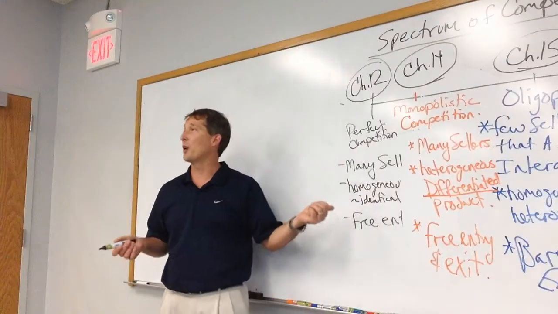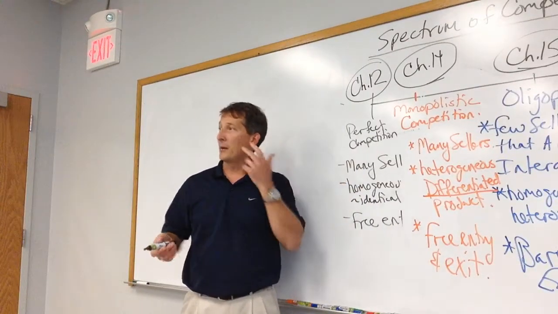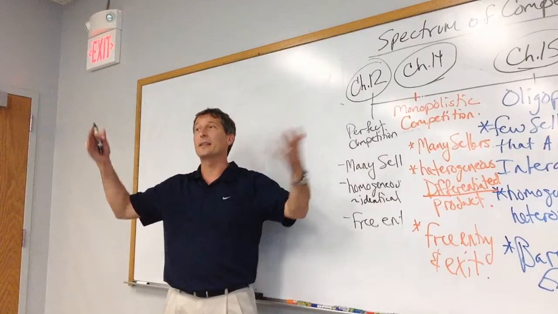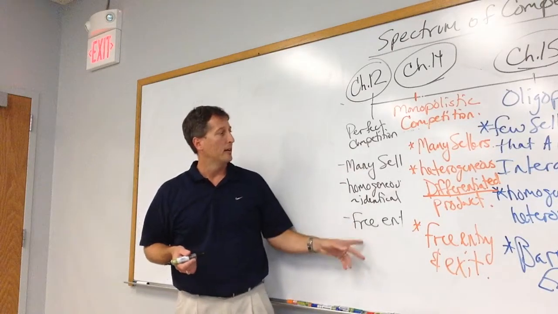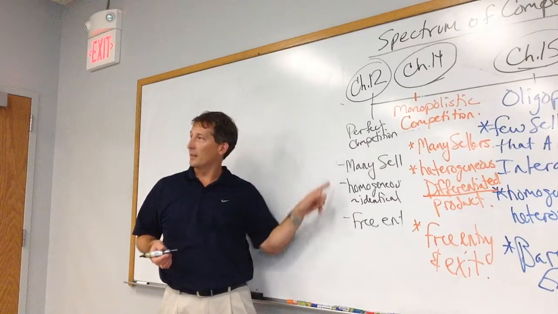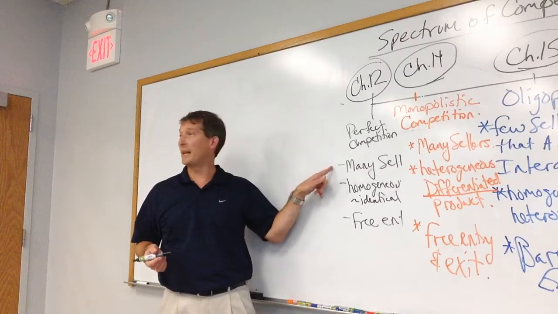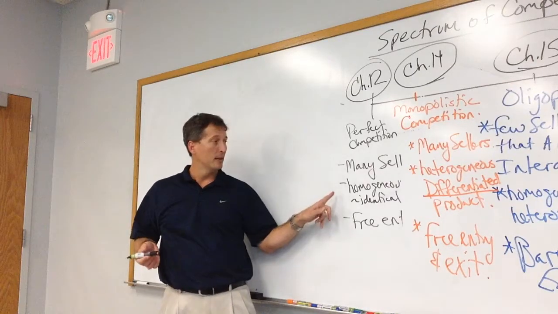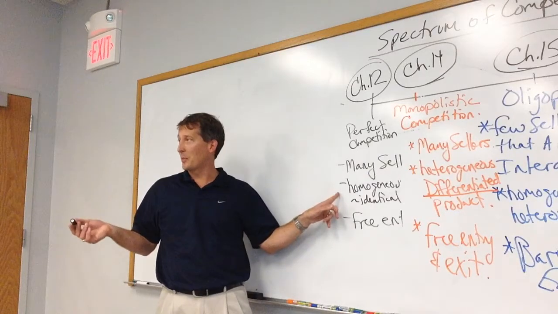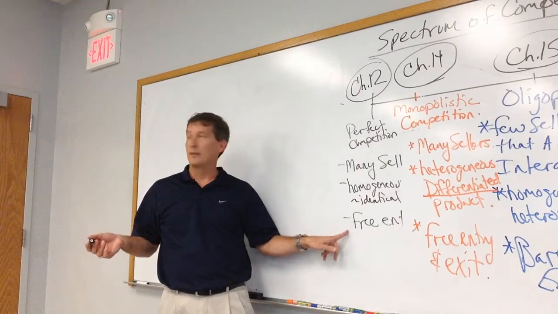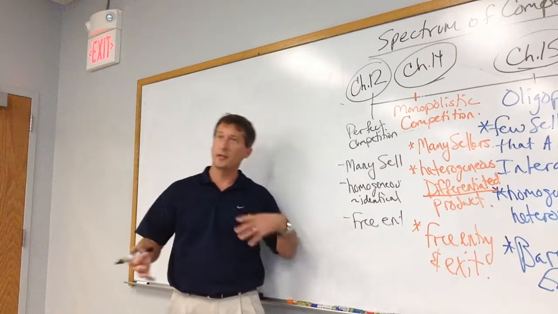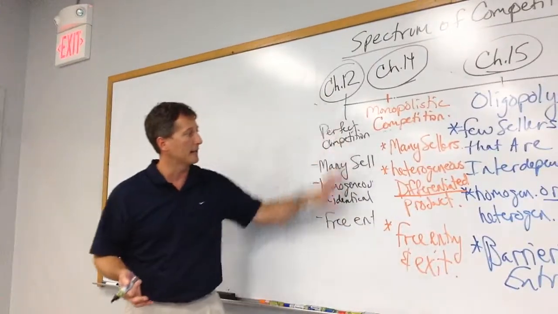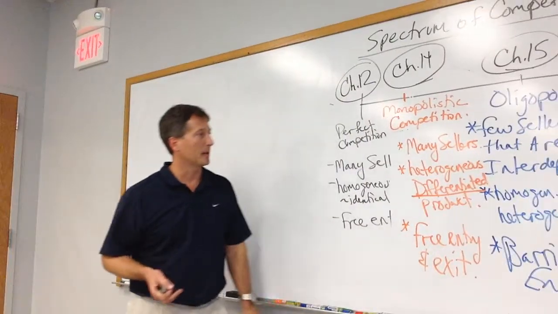So if we talk about a farmer, and we think about bananas, wheat, corn, any sort of agricultural products, are those falling in line here? We got many farmers selling basically an identical product. Free entry and exit, depending on how we characterize it. So agricultural products play pretty well.